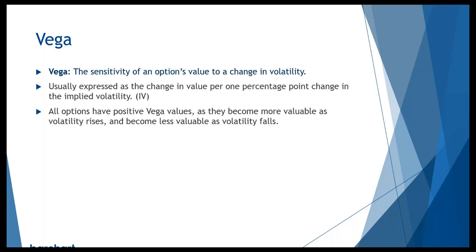So let's go back to Vegas for a second. All options have positive Vega values. In other words, they increase when volatility goes up, and they fall when volatility falls. So buying options creates a positive Vega, and selling options creates a negative Vega. So when do I want to create a positive Vega strategy?